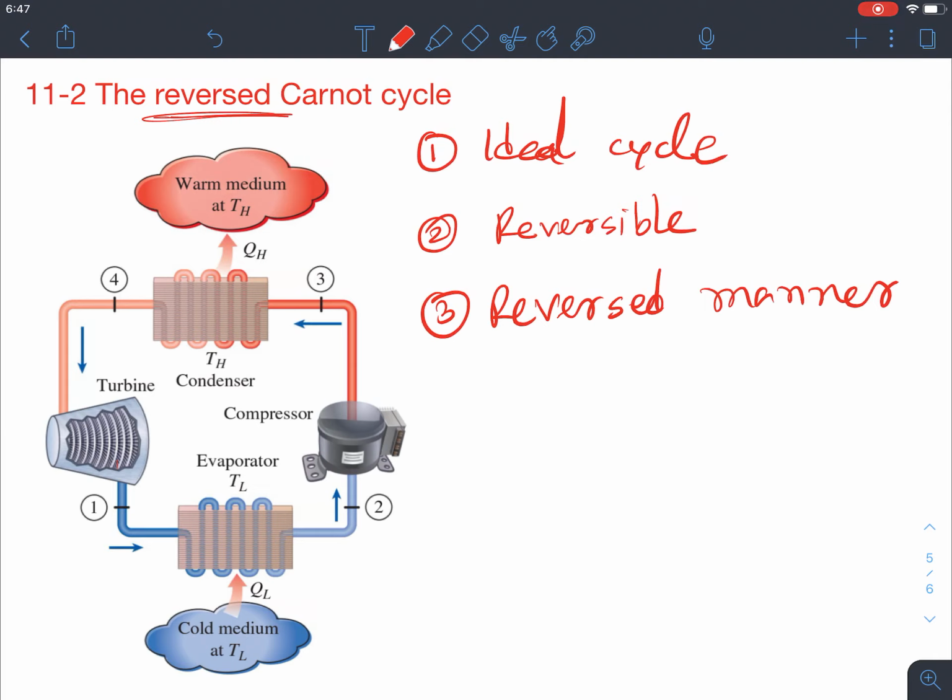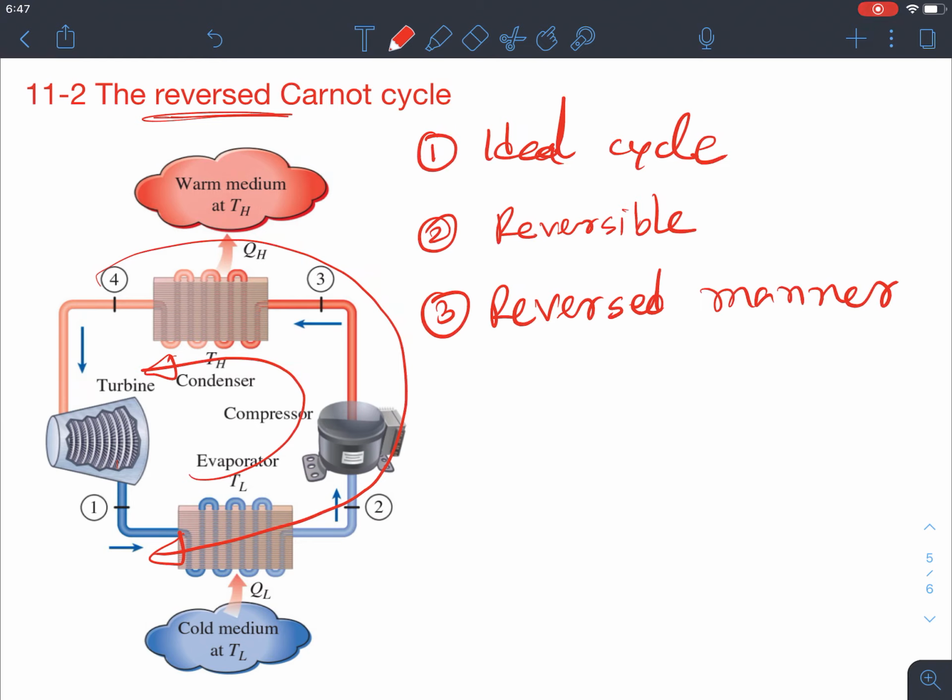And then heat addition happens after the turbine. That's the process which is reversed, and that cycle is known as the reversed Carnot cycle. So everything happens in a reversible manner, like this way. However, in the previous chapter we saw that everything is happening in this direction, right?